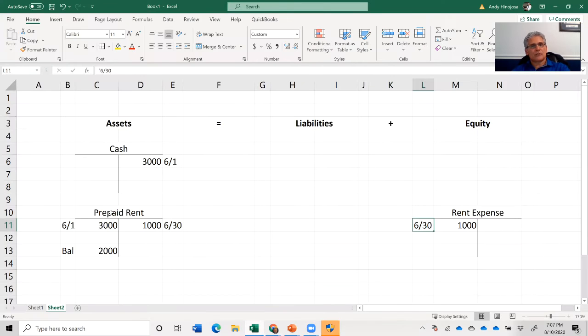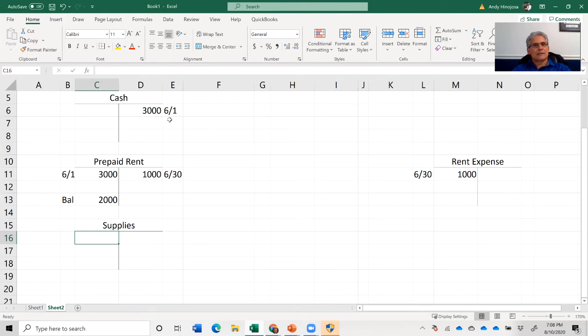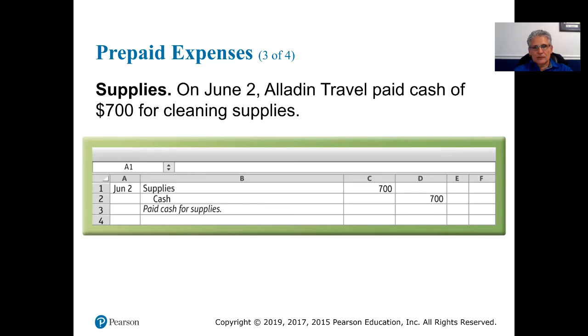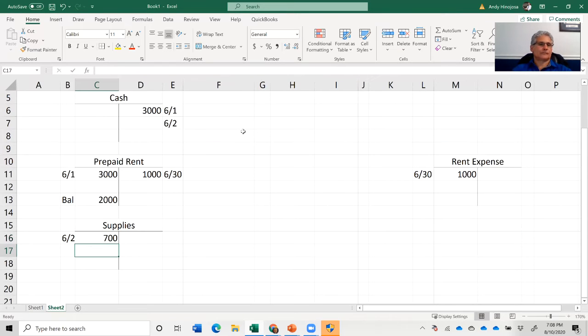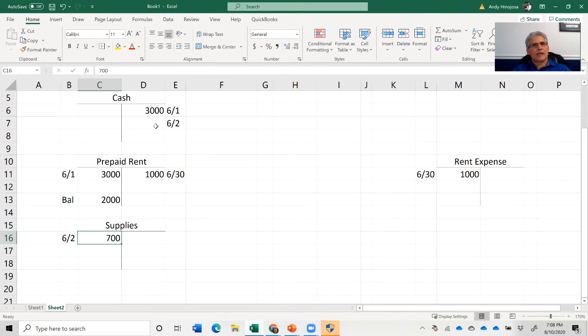Let's go see how that would look. Okay, so this occurred on 6/2. We're going to debit supplies for how much? $700. And we're going to credit cash for $700. Now this happened automatically on June 2nd.